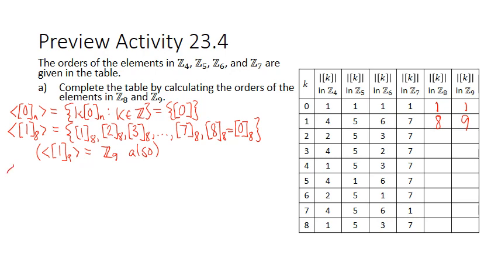So if we want to figure out the cyclic subgroup generated by 2 in Z8, we're going to start with 2, and then 2 times 2 is 4, and then 2 times 3 is 6, and then 2 times 4 is 8, which is the same as 0.